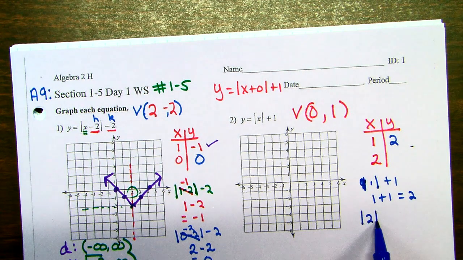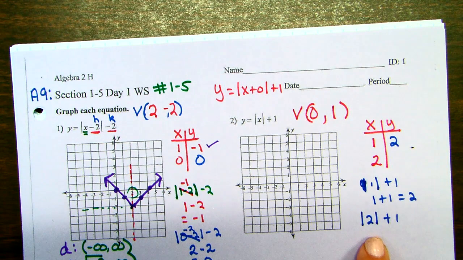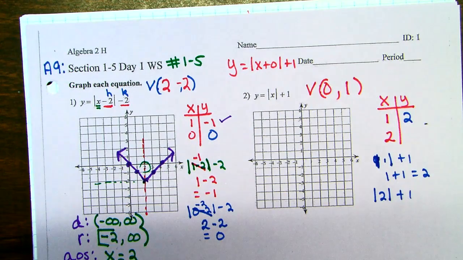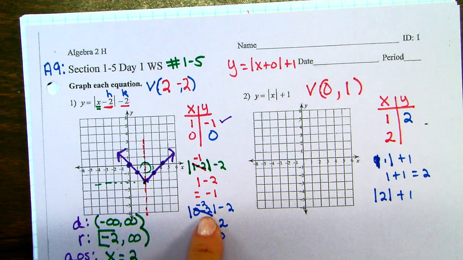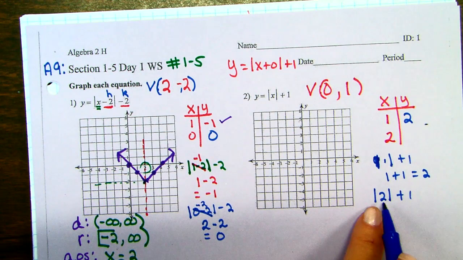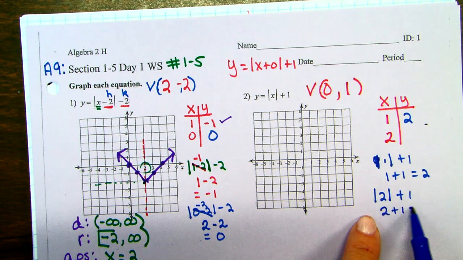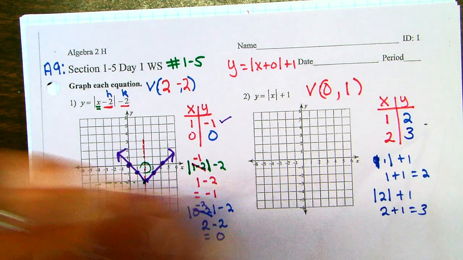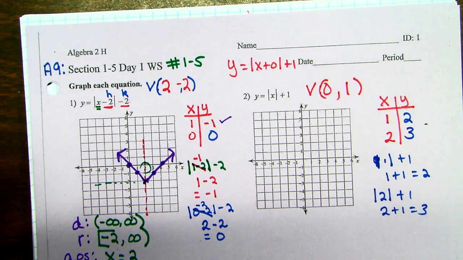Absolute value of 2. Now, a common mistake I've seen students make is they think that means -2. Whatever happens in the absolute value symbols, you do that work, but whatever comes out has to be positive. So if it was positive, it's staying positive. That's it. We have everything we need.